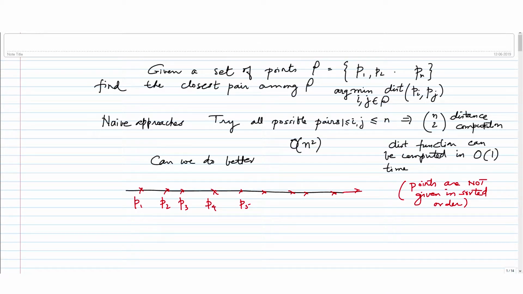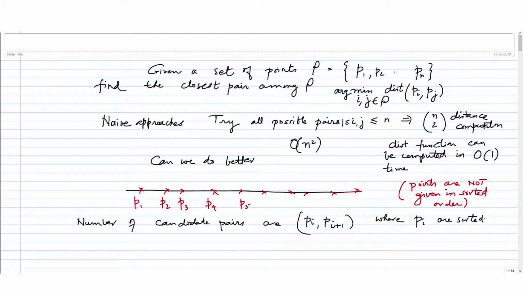So the number of candidate pairs are p_i, p_{i+1}, where p_i are sorted.